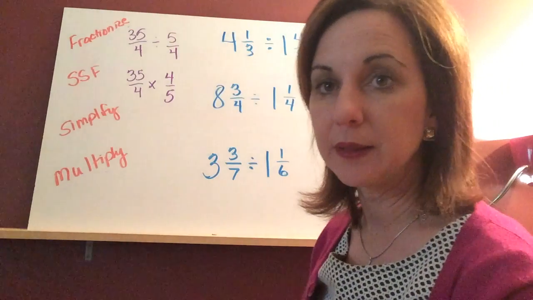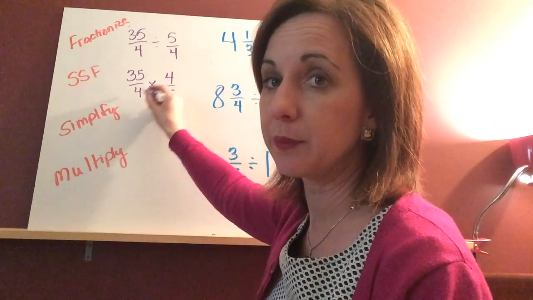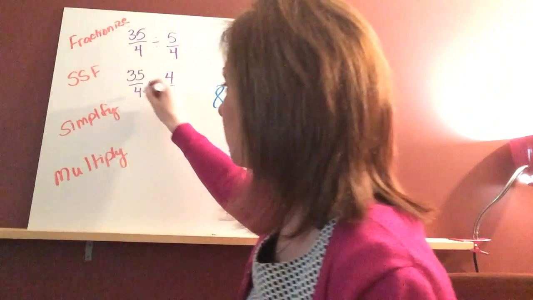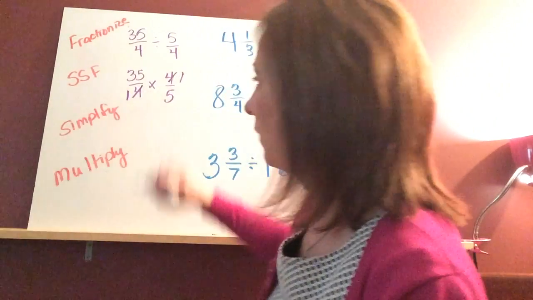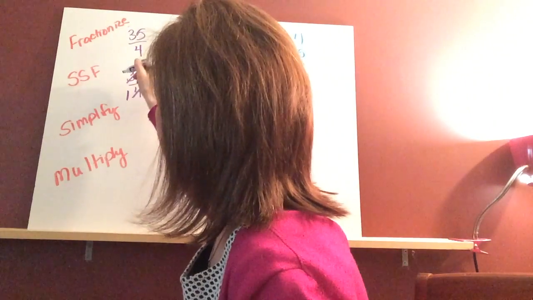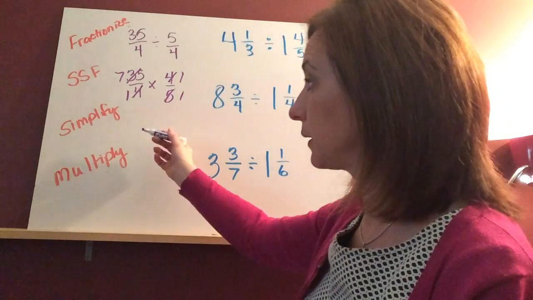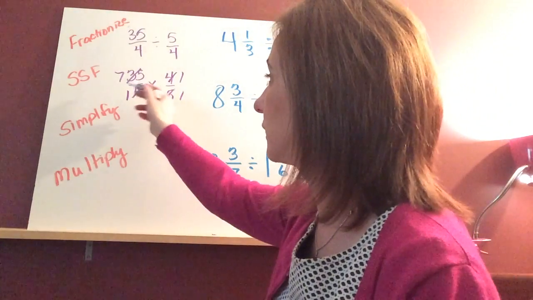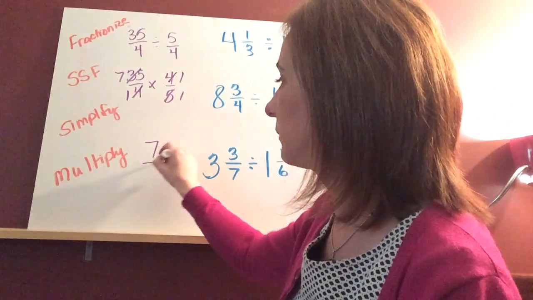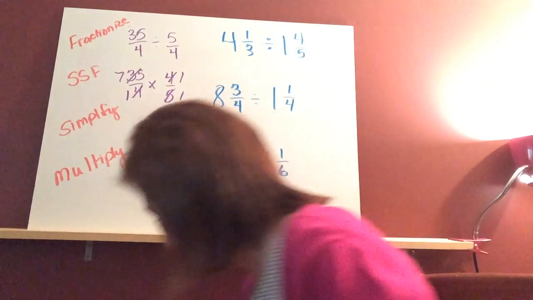Looking for something to simplify, and we indeed have two things we can simplify. This one we can simplify the fraction 4/4. So we're going to make these ones, and we can simplify the fraction 35/5 by dividing them both by 5. So this is 7 and this is 1. We did our simplification, and now our multiplication leaves us with 7 times 1 and 1 times 1, and so the answer is 7. All right, last one.